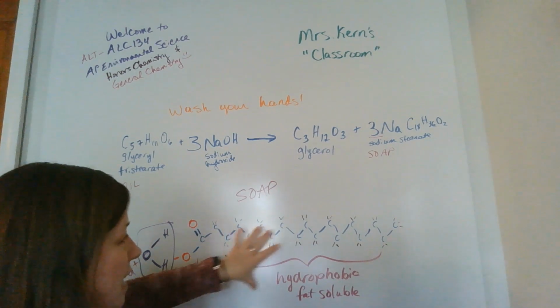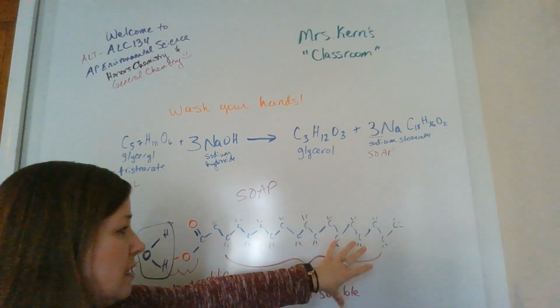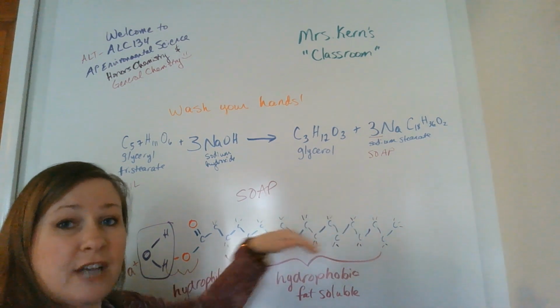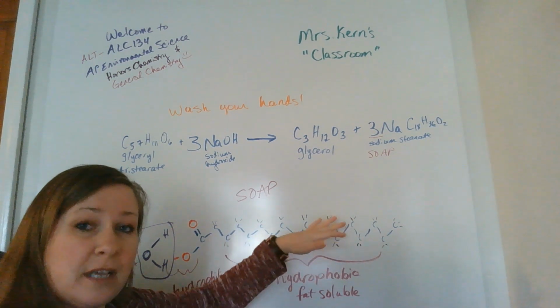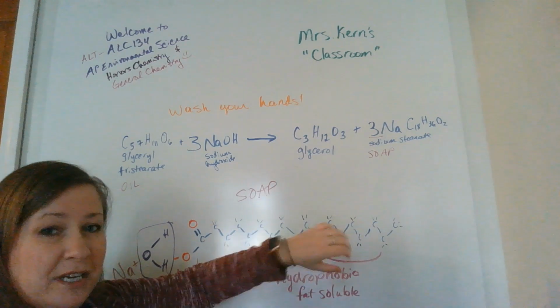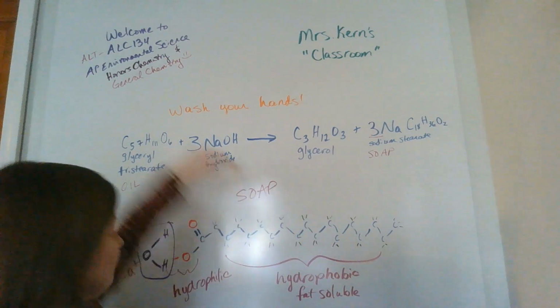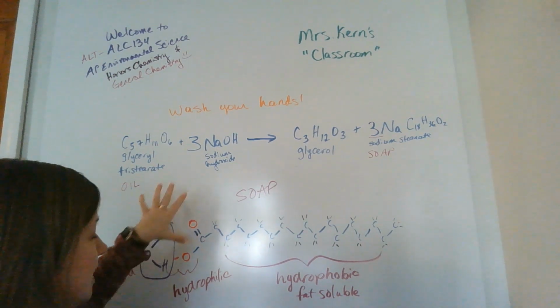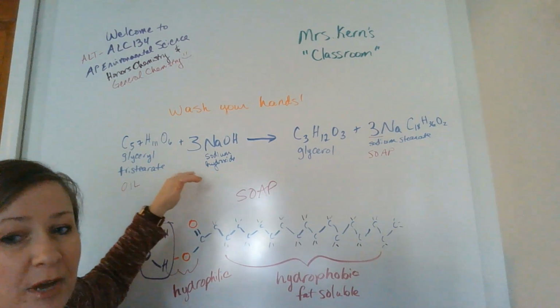And as you have soap on your hands, and all these hydrophobic ends of the soap molecule are attaching to things that you don't want on your hands, like oils and dirt and bacteria and things like that, the water end, or the hydrophilic end, is going to be able to grab onto water molecules.